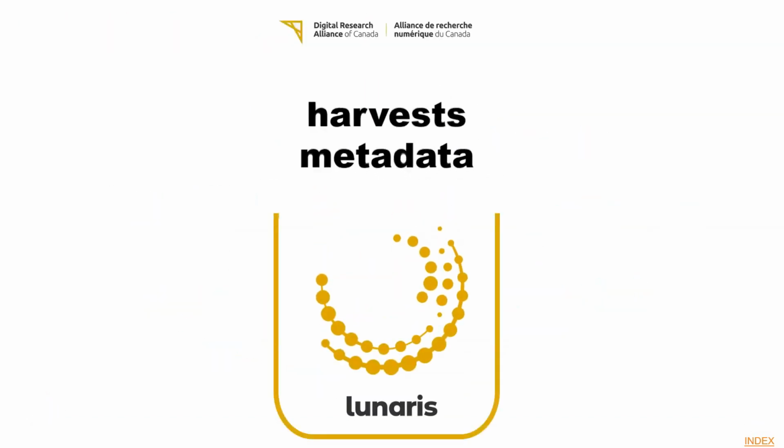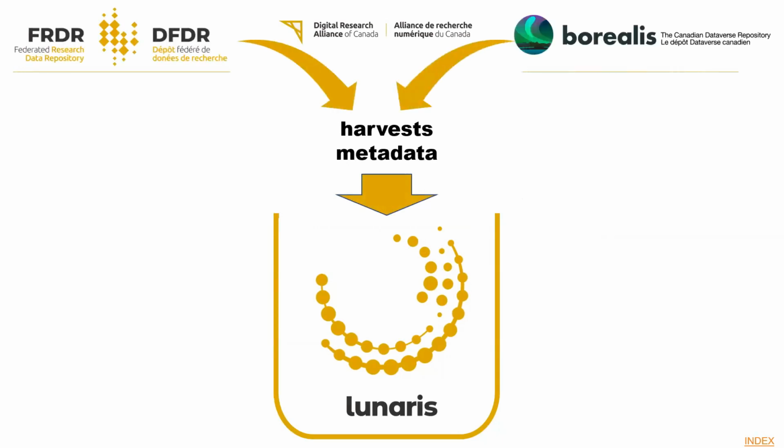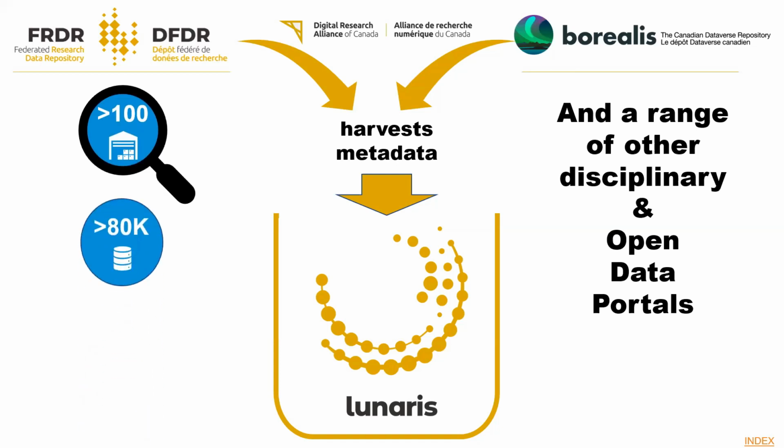So Lunaris harvests metadata from FRDR and from Borealis, along with a range of other disciplinary and open data portals. And it currently indexes over 100,000 repositories, points to over 80,000 data sets, and is a huge driver of data reuse in Canada.